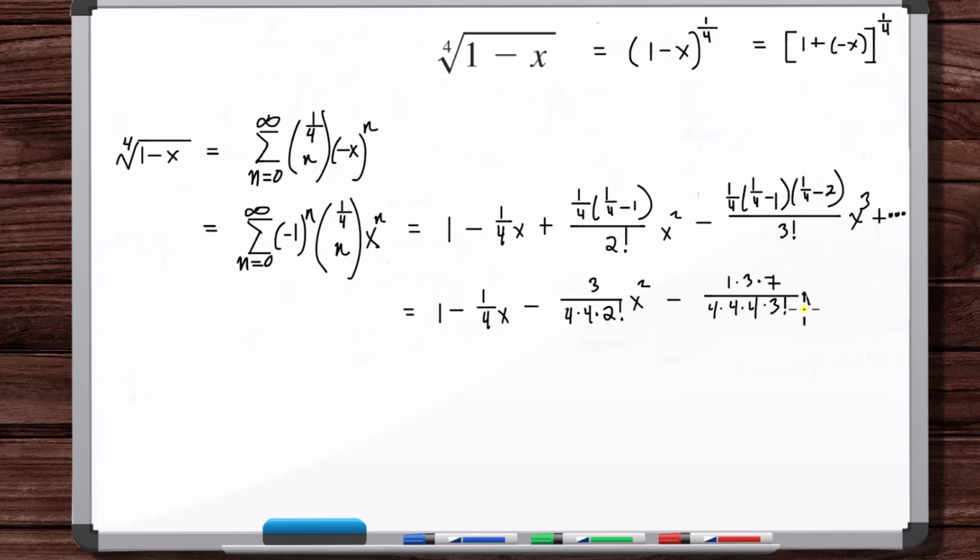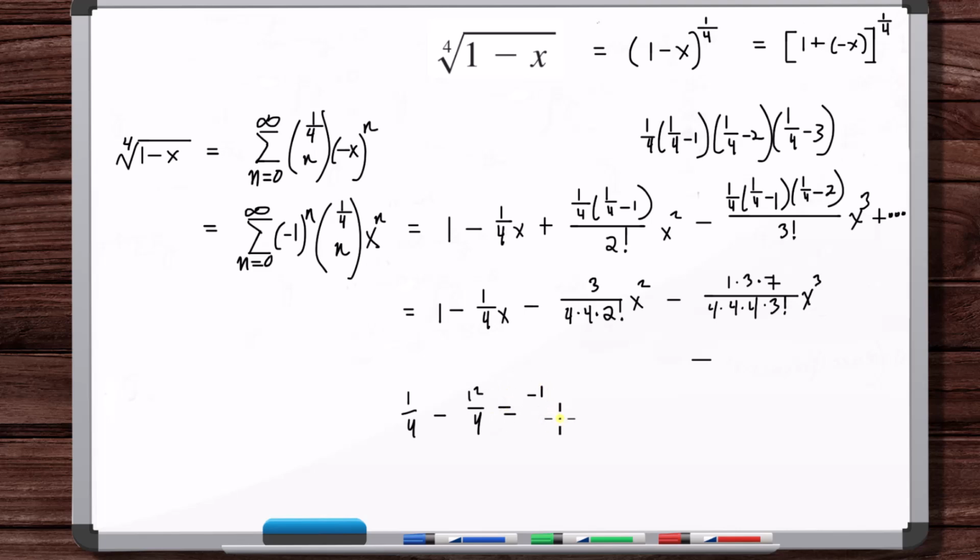Okay, x cubed, and then we should have a negative because we're going to get 1/4 times 1/4 minus 1 times 1/4 minus 2 times 1/4 minus 3. And that'll end up being negative. So every term's going to be negative. And we've got the 7/4, 1/4 should be a 9/4, right? Minus 12/4, or no, an 11.